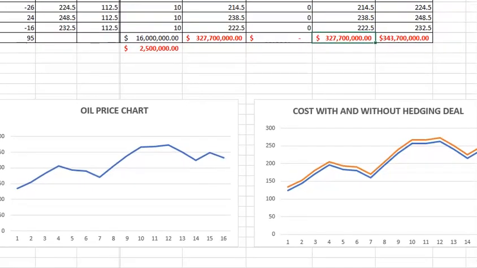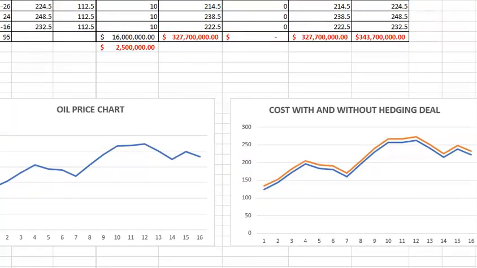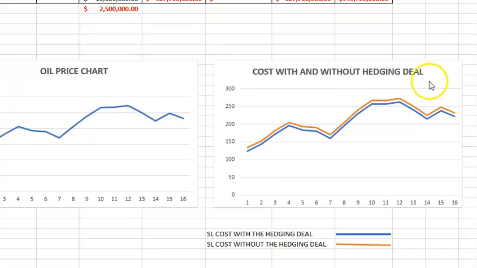So the oil price chart is on the left-hand side, and the cost with and without the hedging deal. So in this case, if the oil prices are like this, then our cost, the orange line, is the cost without the hedging deal. So without the hedging deal, we are paying a little bit more.